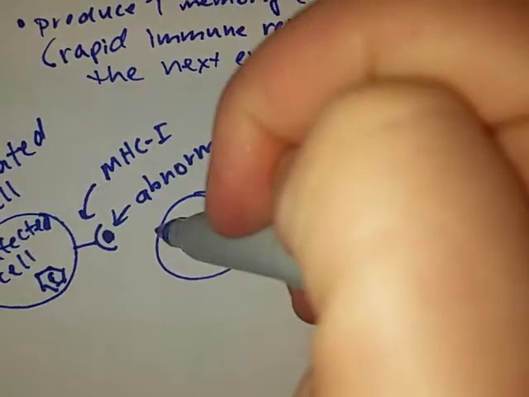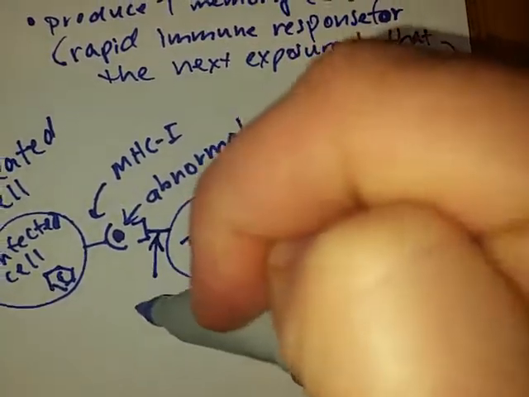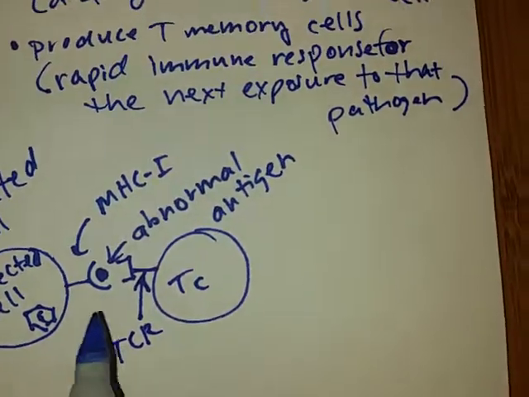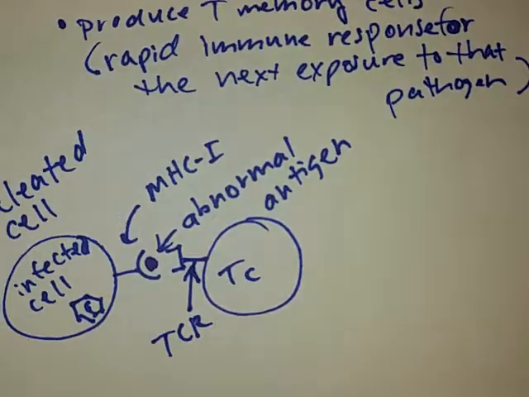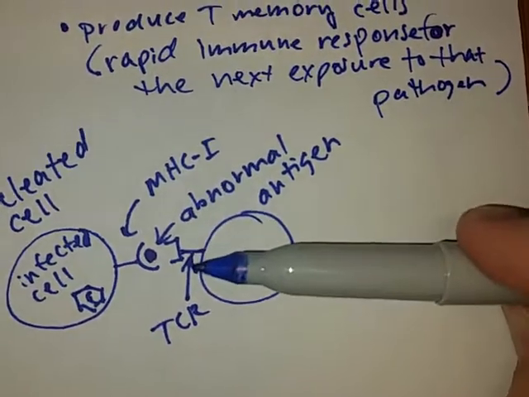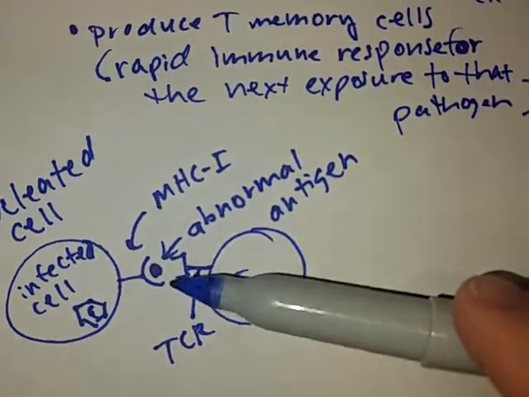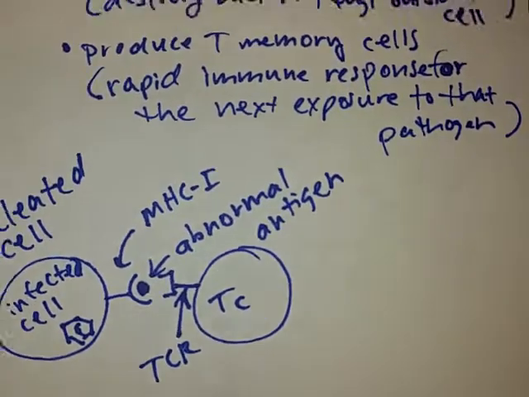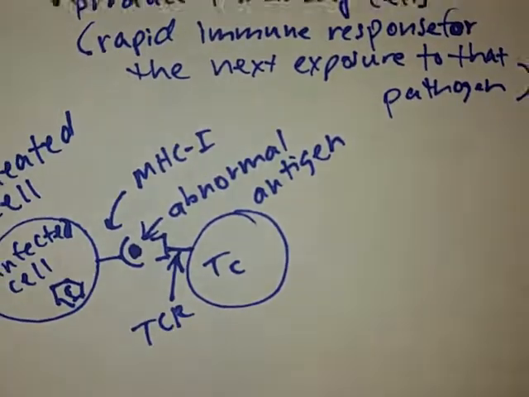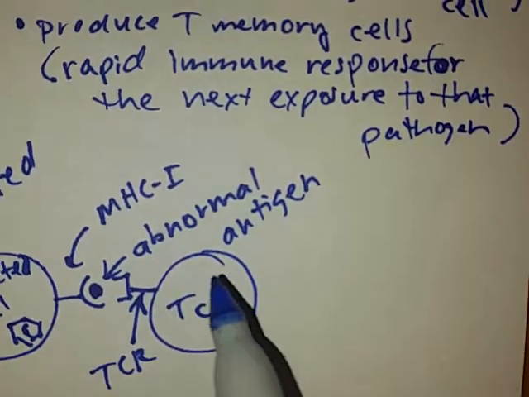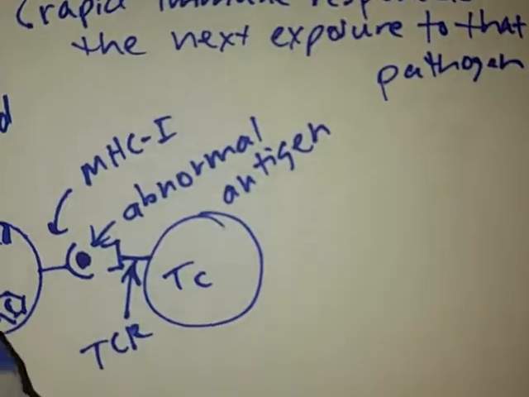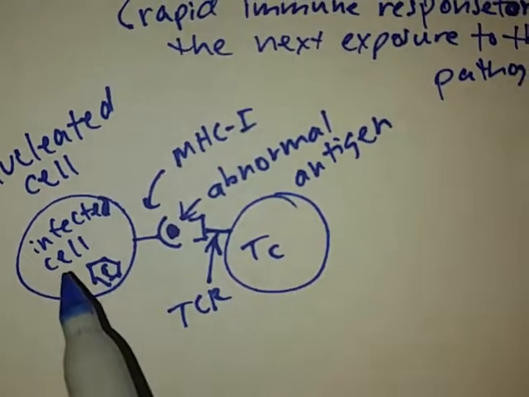So we'll say this is the T cytotoxic cell. Here's the T cell receptor that's going to interact with the MHC1 of a nucleated cell, and as it comes up to this, it'll say, oh my goodness, this cell is showing abnormal antigen. It's a red flag, figuratively, that there's something wrong going on inside this cell.